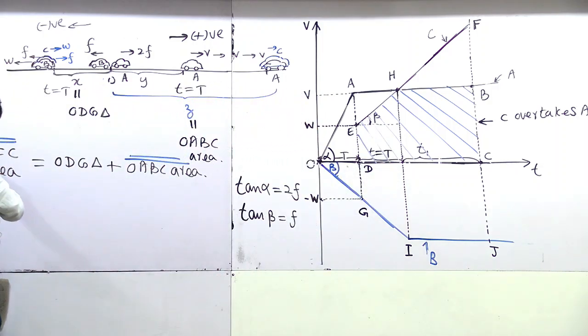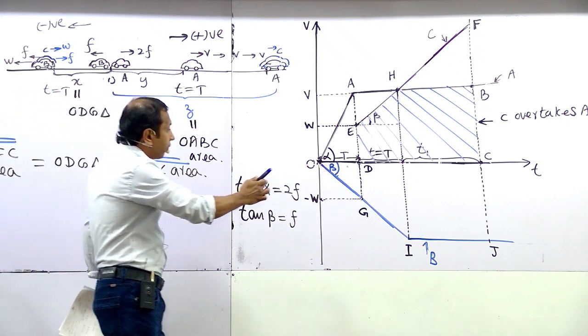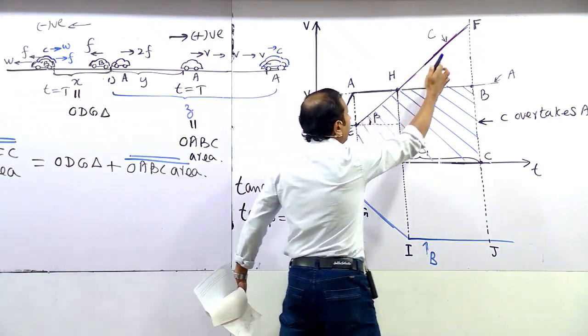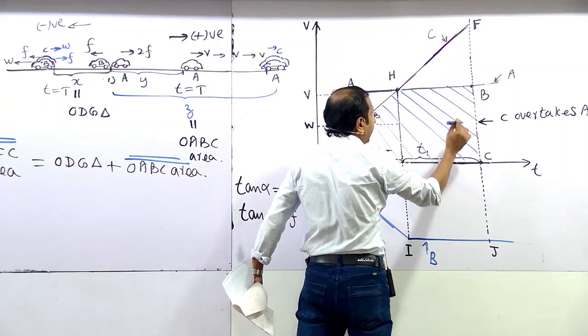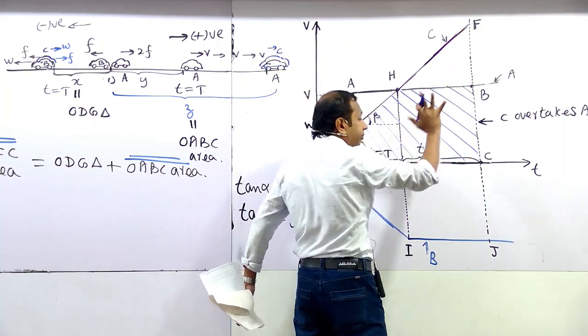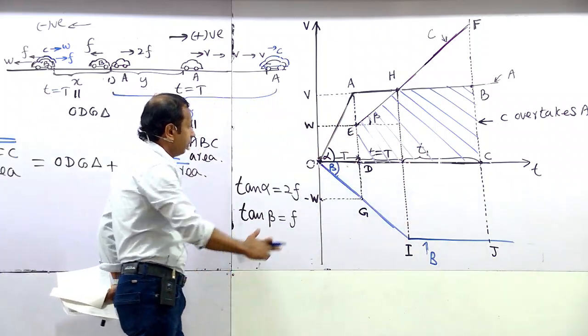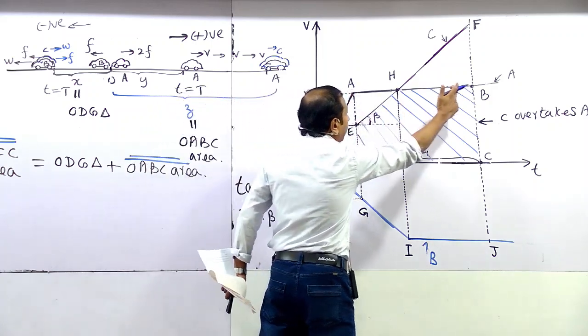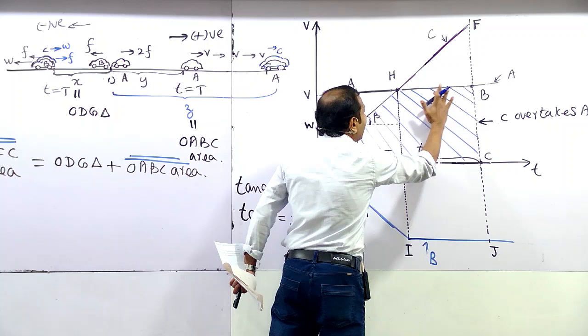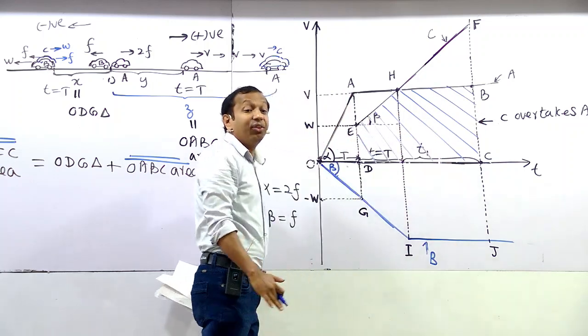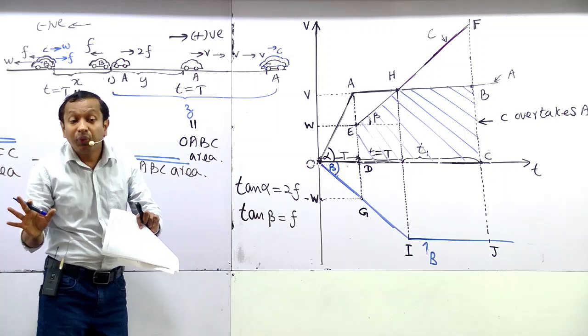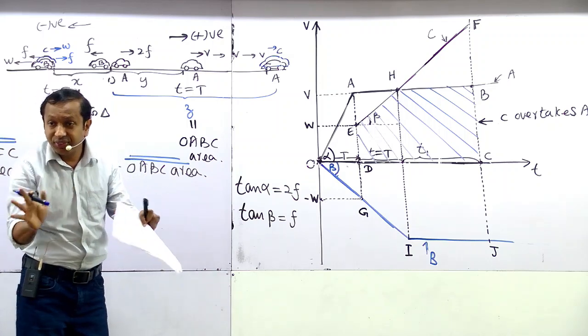The DEFC area contains this. The OABC area also contains this. Then what can you say? We can remove the common area from both sides.